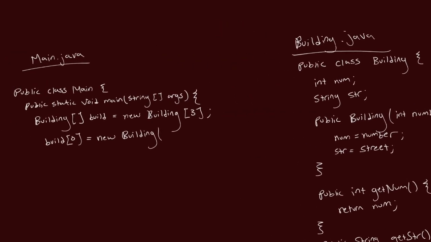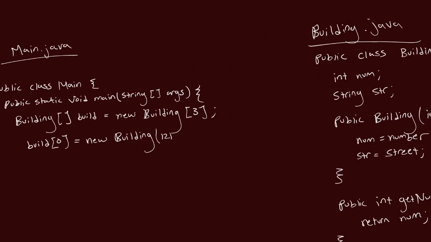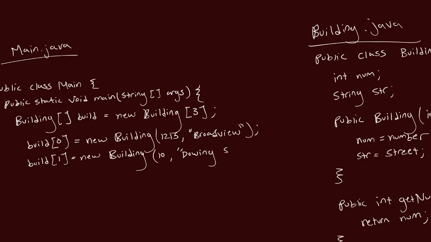Okay, so this one, the building's number is 1215 at Broadview. Now I'll do build[1] is equal to new Building, and then I'll do 10 Downing Street. I think that's right, Downing. I don't know.